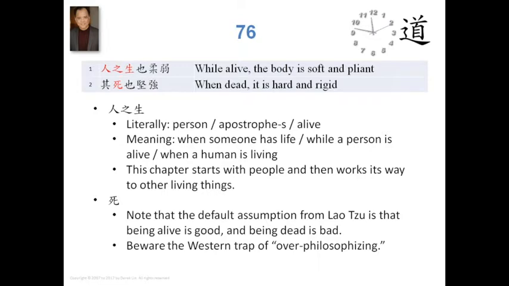What do I say Western trap? That's because this is especially prevalent in the Western study of the Tao. So people in Asia will automatically accept, they understand what Lao Tzu is trying to say. They'll just be like, okay, let's move on. You know, living, good. Dead, bad. Let's move on.